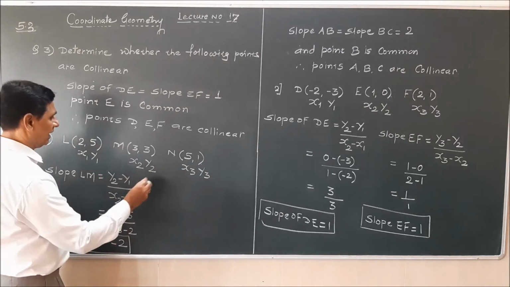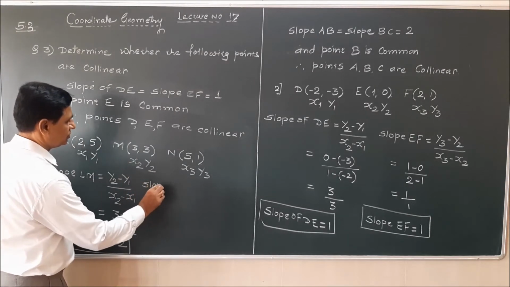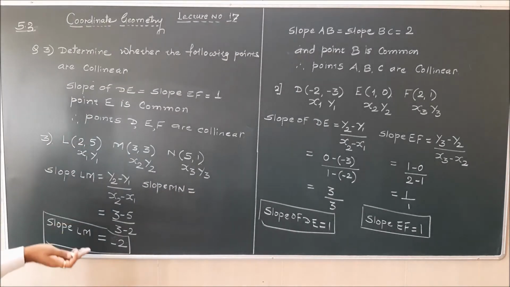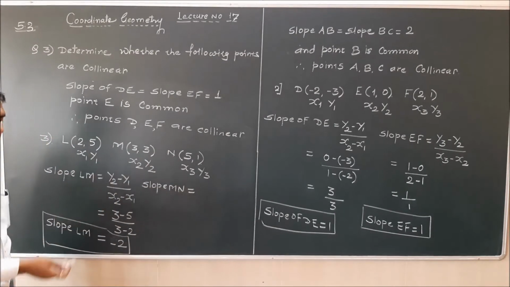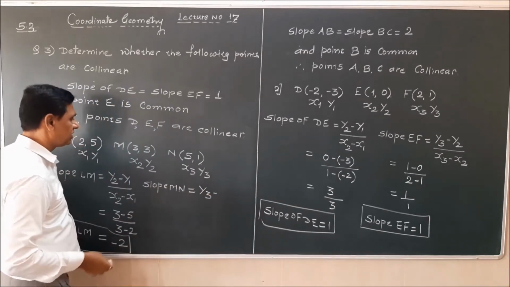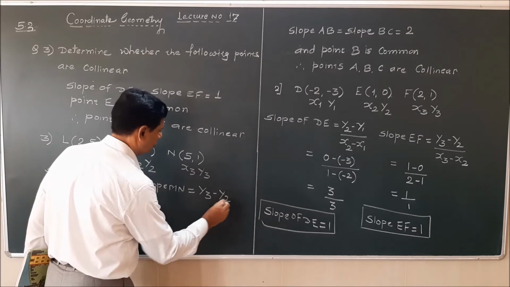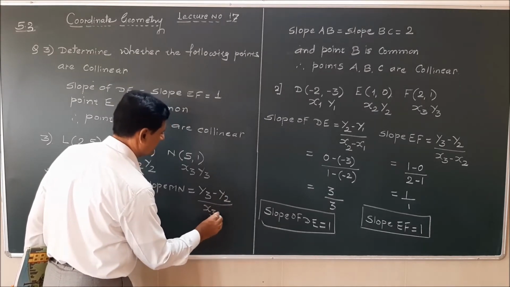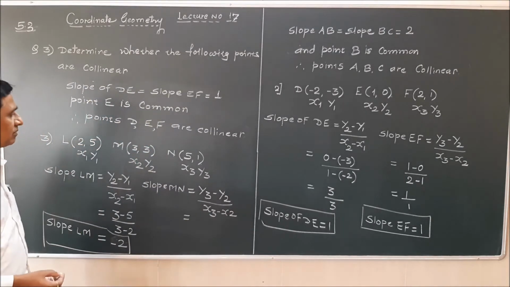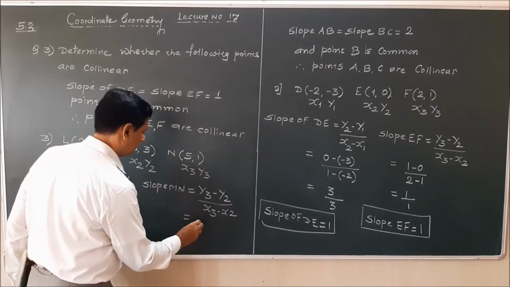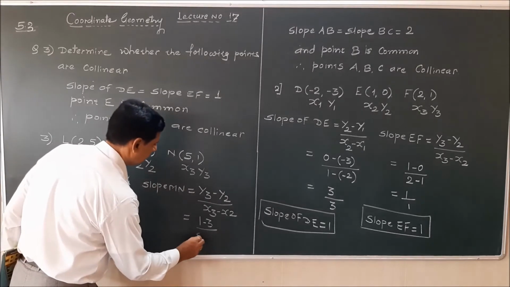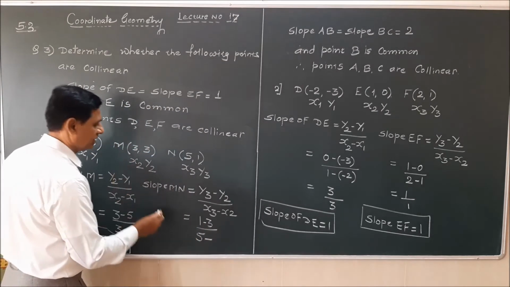Then slope of MN. Slope of MN is equal to y3 minus y2 upon x3 minus x2. Simply substitute the values. y3 is 1 minus 3, x3 is 5 minus x2 which is 3.